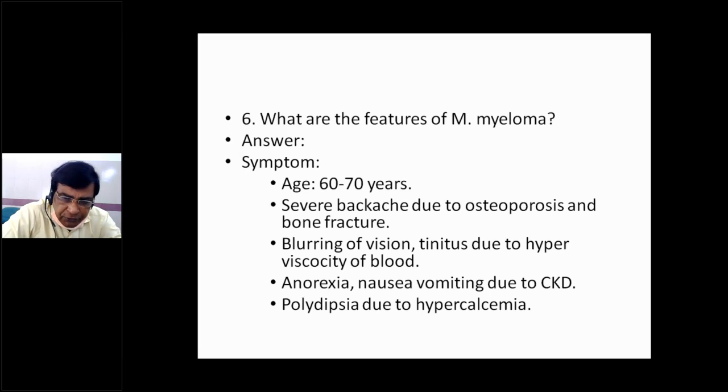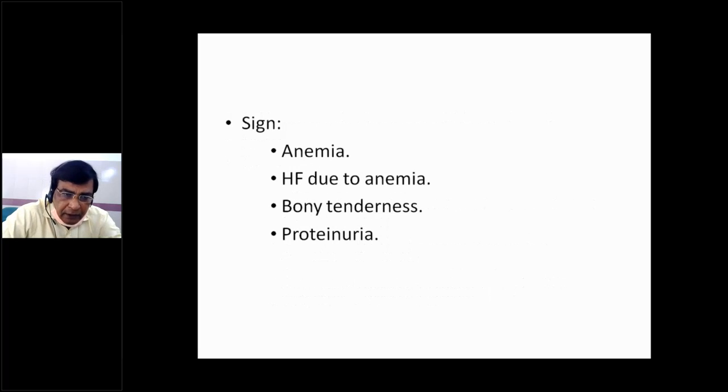And anorexia, nausea, vomiting can occur due to CKD or chronic kidney disease. Polydipsia can occur due to hypercalcemia, and signs are anemia, heart failure, bony tenderness due to osteoporosis, and proteinuria due to nephrotic syndrome.